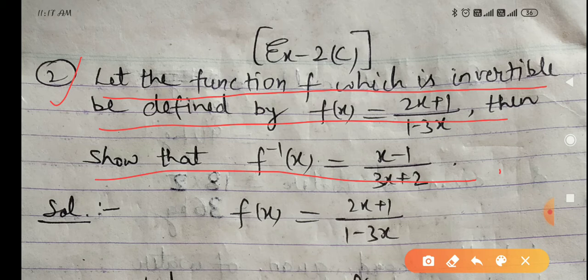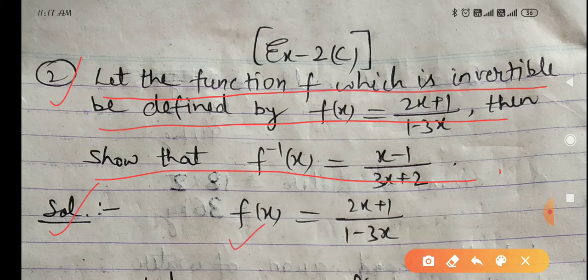So in the question it is given that the function is invertible, so no need to show it is one-one and onto. Directly you have to find the inverse. What is the method to find the inverse? I will tell you. You see the solution.